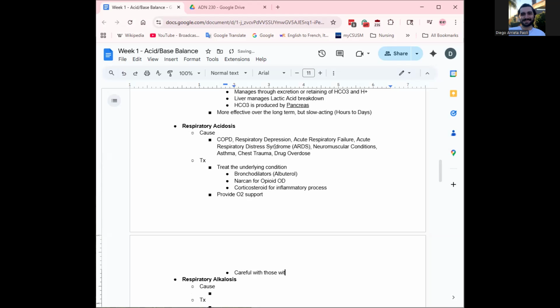Granted, everybody that has really bad COPD is probably on O2, but you do have to be careful with O2 just because you want to keep them in range. Do you guys remember what the range is that you really want to keep them at for their SAT O2? Yeah, 88 to 92.